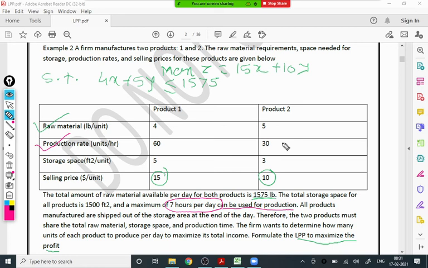So you will observe that 60 units per hour are produced for product 1 and 30 units per hour for product 2, and we are going to produce X and Y units of product 1 and 2.